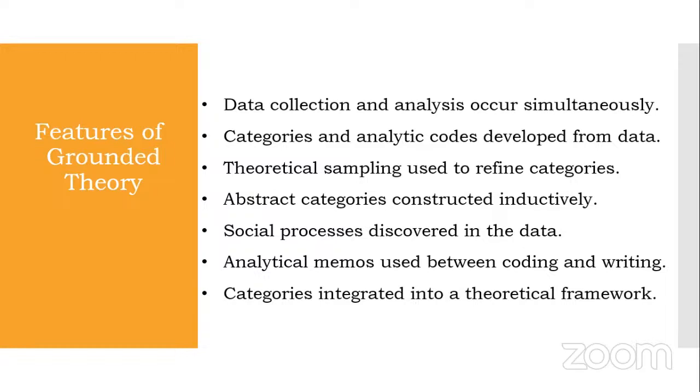These will come in grounded theory research as well, where we also use those types of codes for coding the data. Third, theoretical sampling is used to refine categories. Theoretical sampling is kind of unique to grounded theory research, so I will discuss what it is and how we can actually do theoretical sampling.